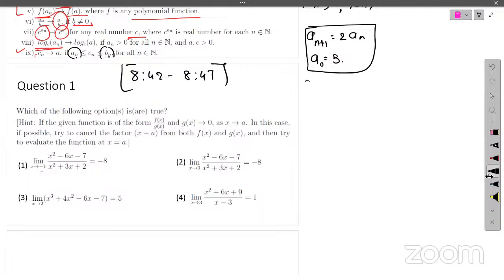The first term is a naught, which equals 3. The second term is a1, and if you put n equal to 0, a1 is twice of a0, which is twice of 3, that means 6. Similarly, a2 is twice of a1, that means 12, and so on. In this fashion, you can construct a sequence. Is that fine?